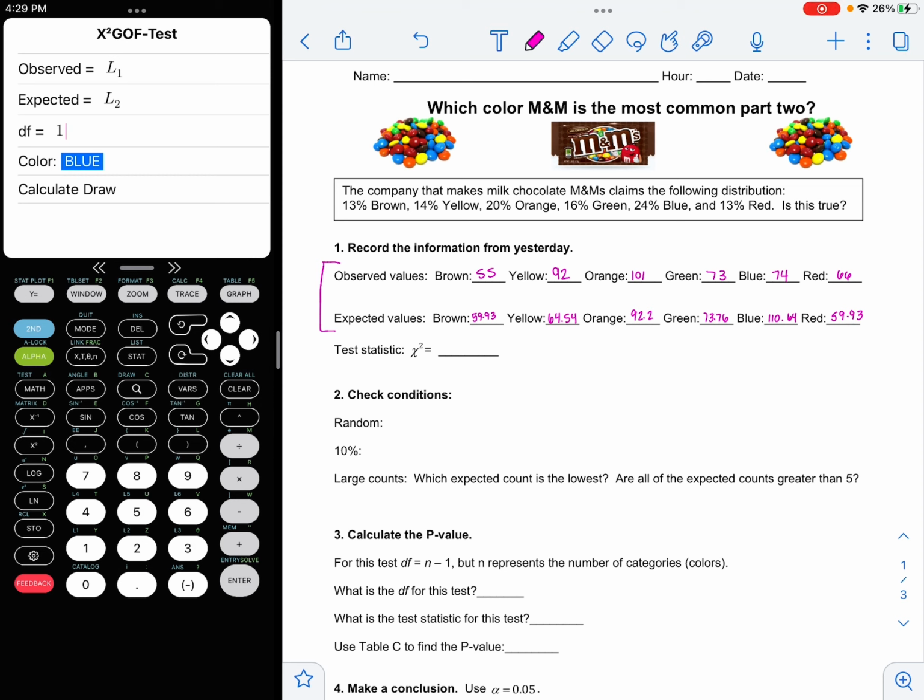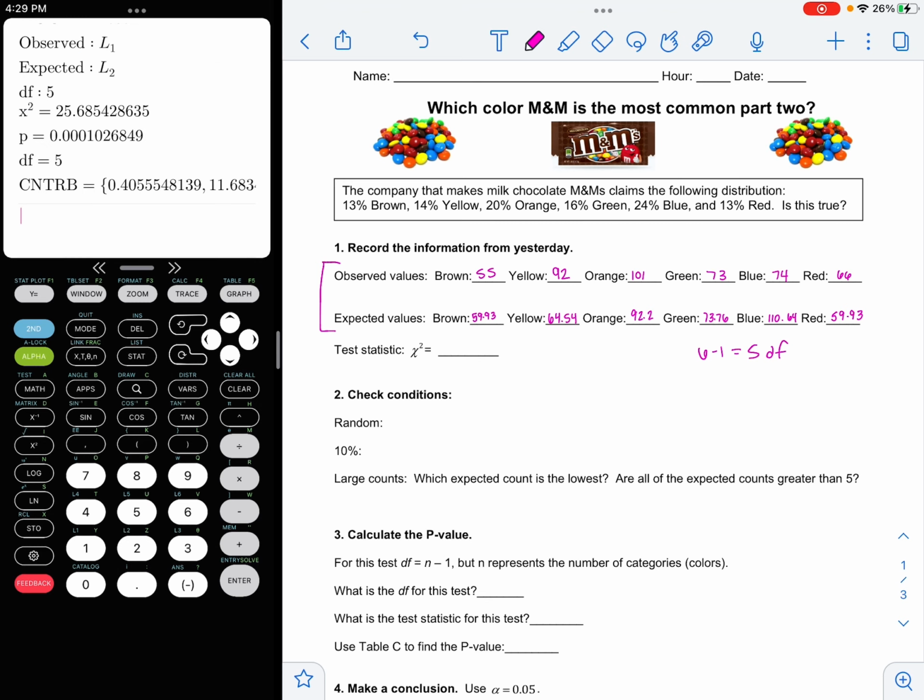So remember, for degrees of freedom for these problems, it is going to be the number of categories minus 1. So we have 6 colors, so 6 minus 1 is 5. That is my degrees of freedom. So I'm going to put 5 in here, and I'm going to go down to calculate, and there we go.